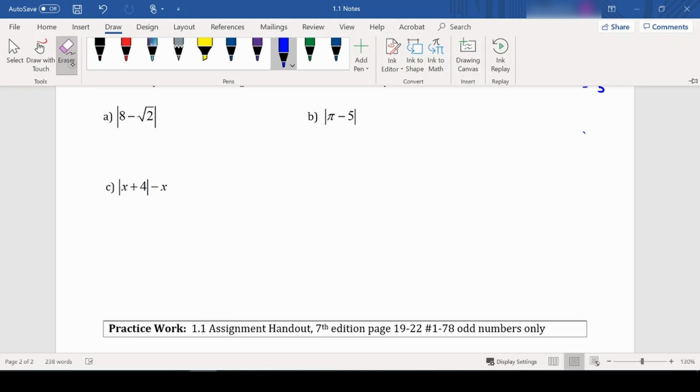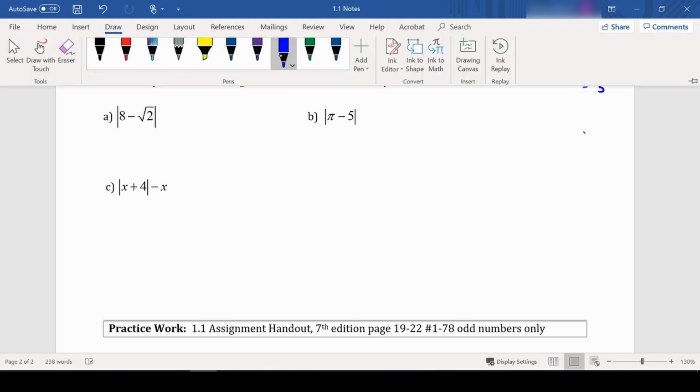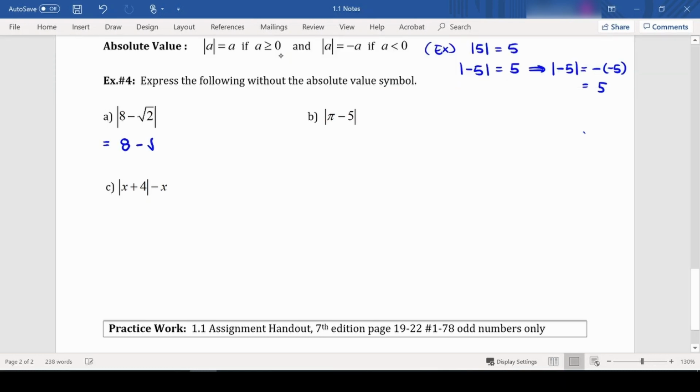Okay. So what we need to figure out is, is the stuff in the absolute value positive or not? Okay. 8 minus root 2. Root 2 is about 1.4. So 8 minus root 2 is positive. So this is just going to equal itself. Okay. Pi minus 5, this is about 3.1 minus 5.